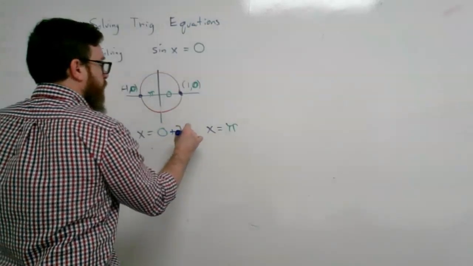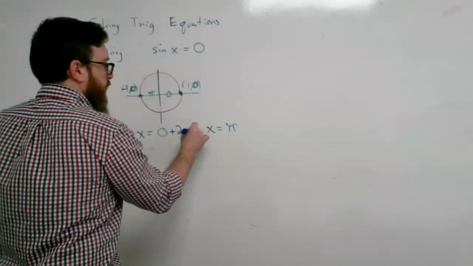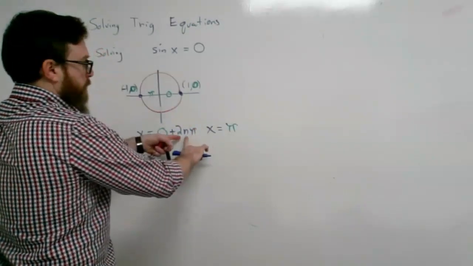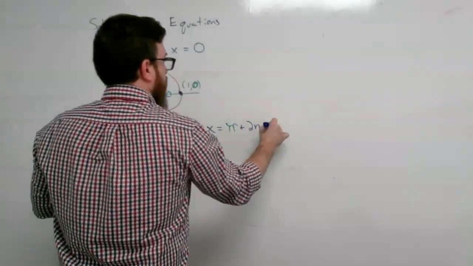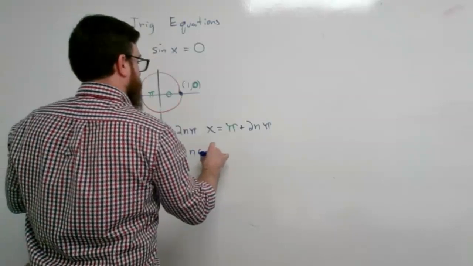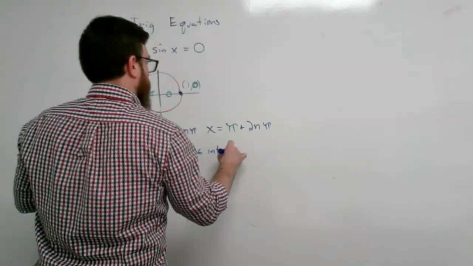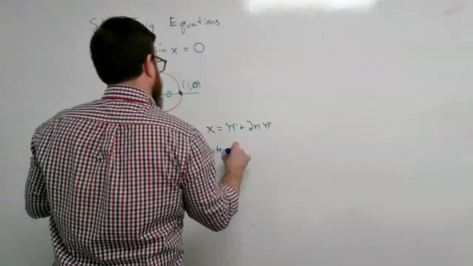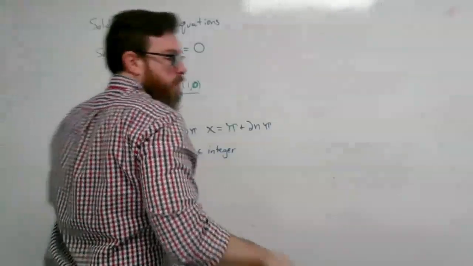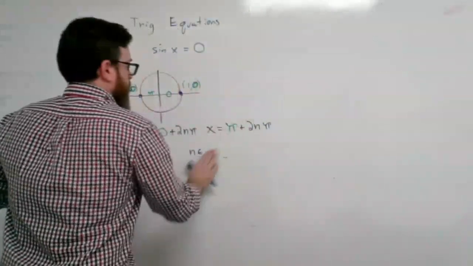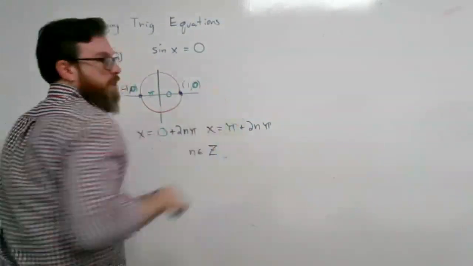So we say 2 pi times n, so 2n pi. This is just multiples of 2 pi. And same thing here, this is going to be plus 2n pi, where n is an integer. Another way they say it is that n is in the integers, so they like to say Z.